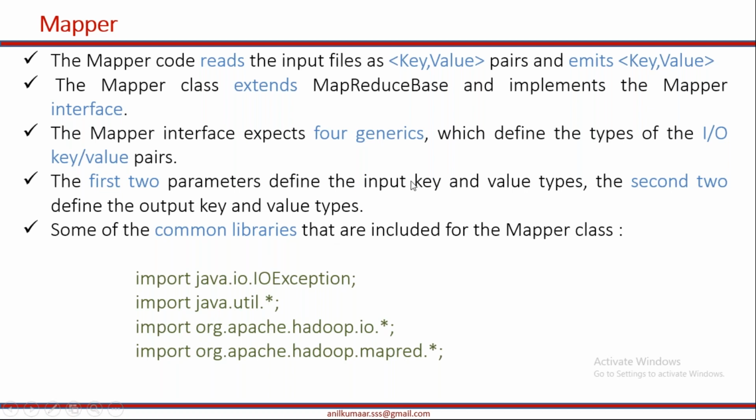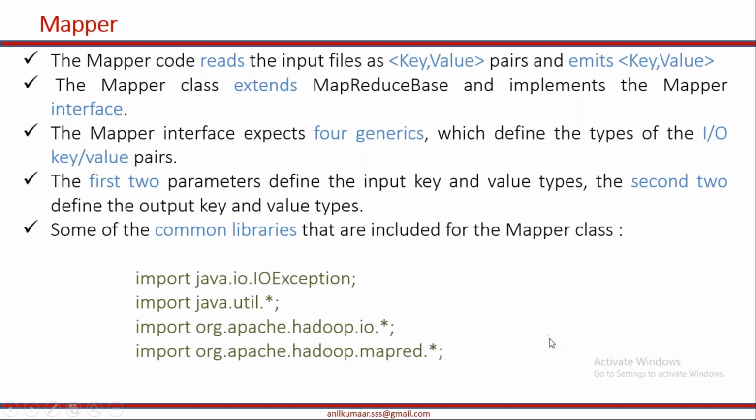The first two parameters define the input key value and the second two define the output key value. So the mapper takes input key value pairs, and at the same time it provides the intermediary data also as key value pairs only. So four generics: K1 V1 K2 V2. K1 V1 for input, K2 V2 for output.